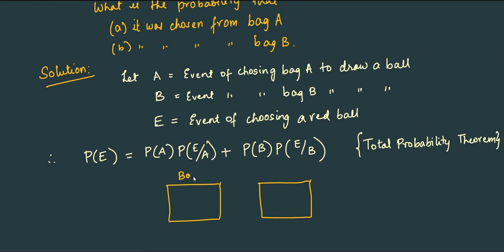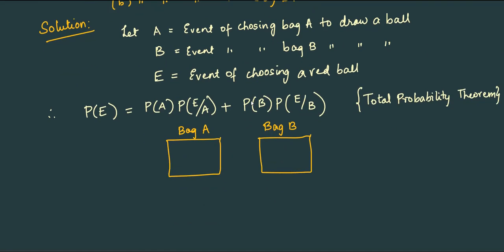There is nothing specified that there is this much probability of choosing bag A and this much probability of choosing bag B. Bag A contained 2 white and 3 red balls. Bag B contained 4 white and 5 red balls.